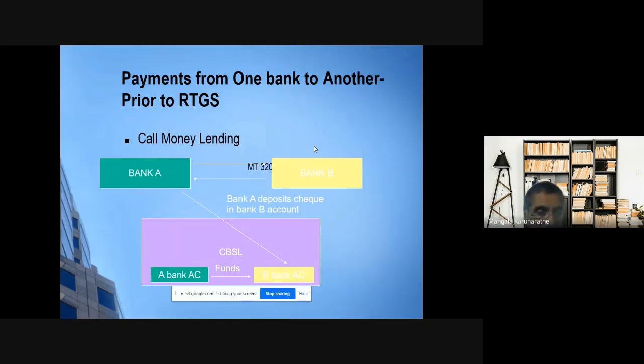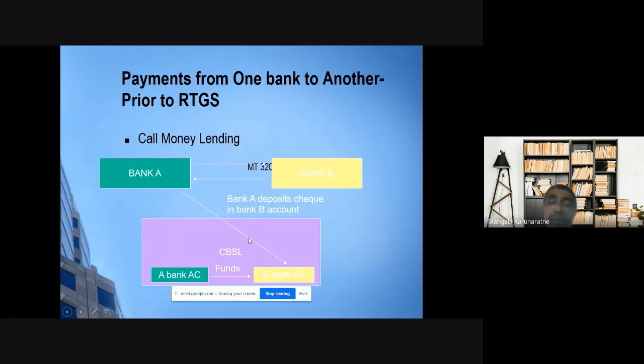You don't know whether for some reason these funds were not deposited, or Bank B will not know until the next day morning whether Bank A has deposited money to their account. So that disadvantage was there.